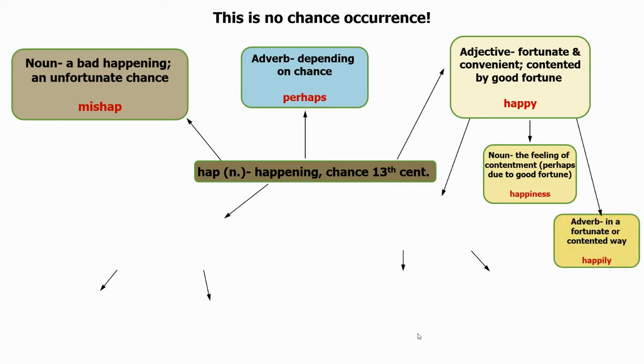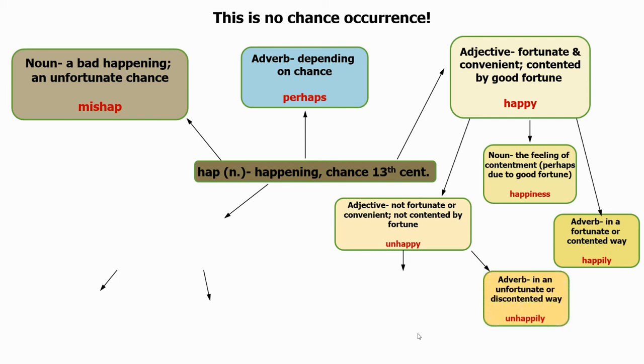We can create an adverb. We can create the opposite form of the adjective by adding the negative prefix un. You guys can tell what's coming up next. The adverb unhappily and the noun unhappiness. And then, I don't know if you guys know what's going to come next. What have we made so far? We've made a variety of nouns, an adverb or three, adjectives.